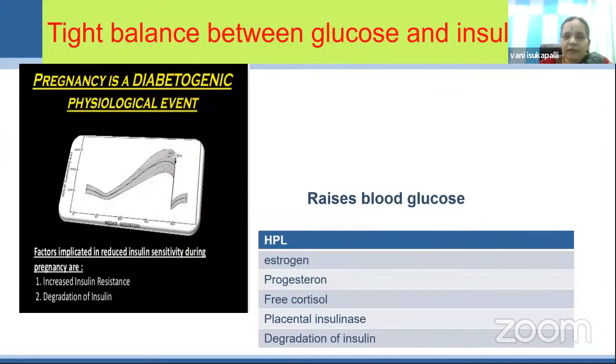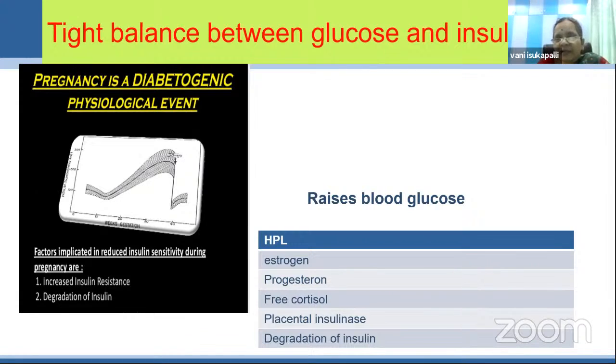So if we look into the pathophysiology, pregnancy itself is a diabetogenic state. So why is it diabetogenic? There are certain factors in pregnancy which raise the blood sugar levels in the maternal blood. Human placental lactogen, estrogen, progesterone, cortisol, placental insulinase, a specific enzyme that is produced by the placenta, causing early degradation of the insulin.